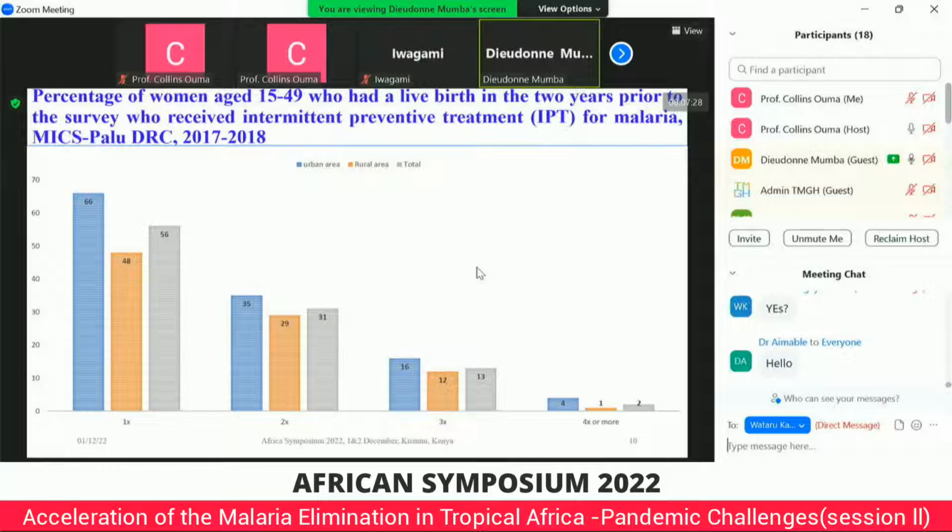However, the survey shows that only 1 out of 2 women receive a single dose, and only 2 out of 100 women receive all 4 doses of the IPT. That is to say, the coverage is very, very low.